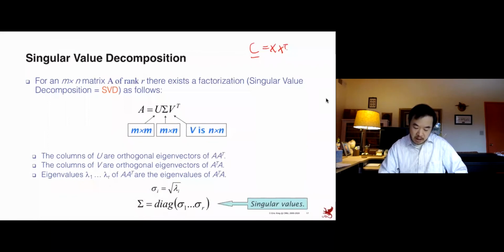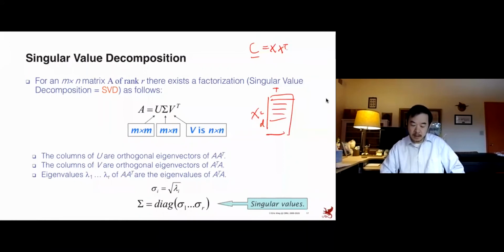Therefore, people are more comfortable thinking about X, which is also known as the term document matrix. Here are the terms, here are the documents, so every document is a vector. They want to start from here, and then use a technique known as SVD to decompose it into a sequence of matrix products.